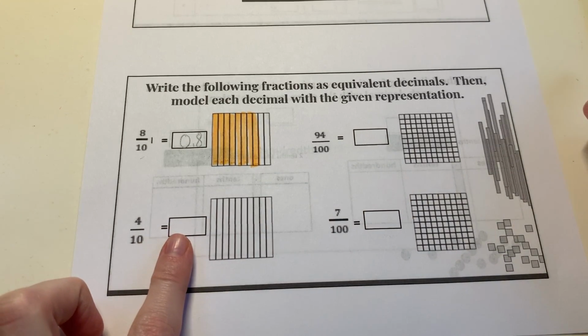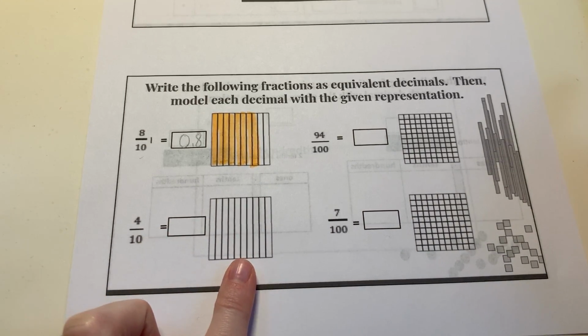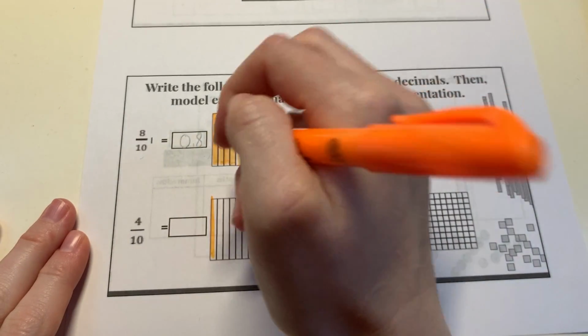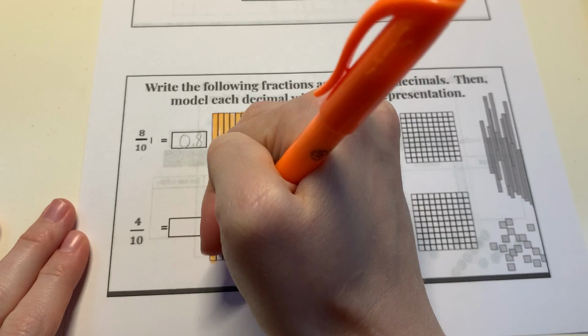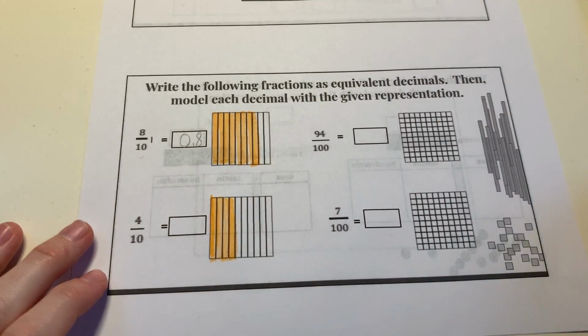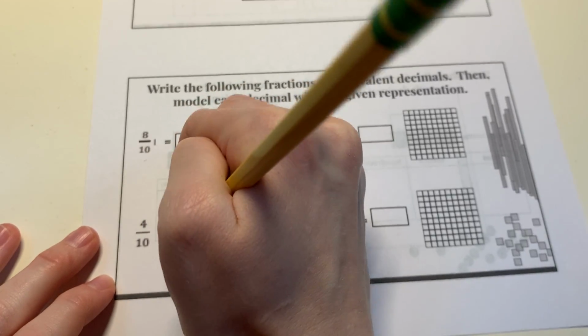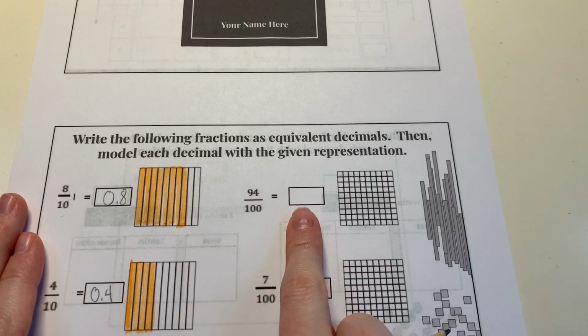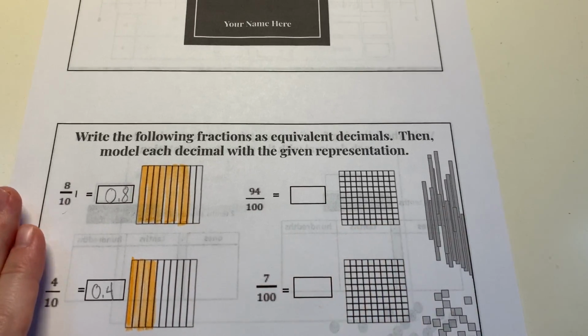All right, go ahead and try this one on your own. 4/10, you're going to write it as a decimal and show what it'll look like here. All right, so you should have 4 right here. And you should have 4/10. Go ahead and try this one, 94 hundredths as a decimal and filled in here.